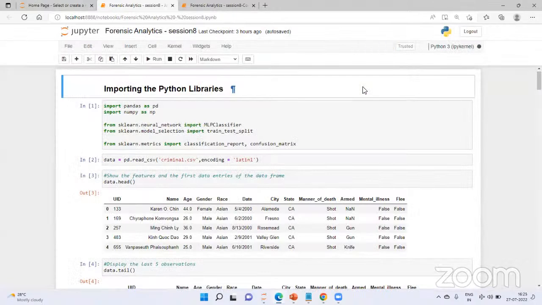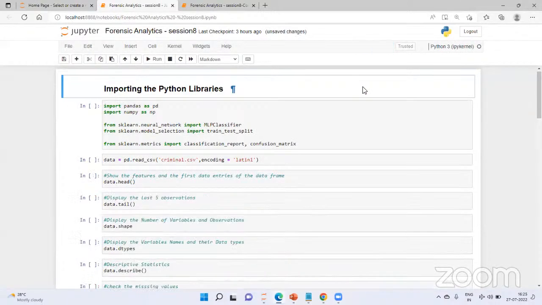First of all, there is one use case related to a criminal data set I have. I will do some analysis using the neural network concept.